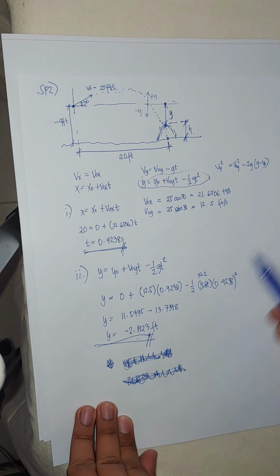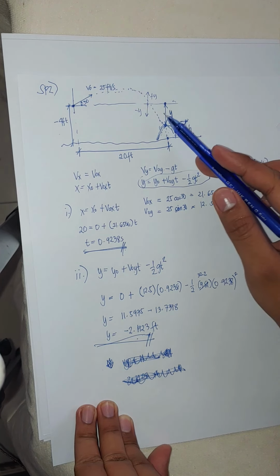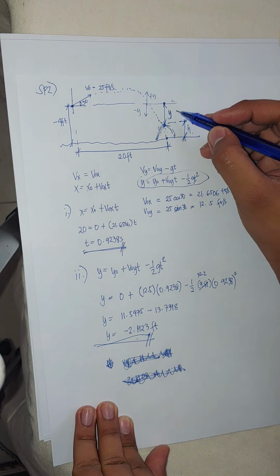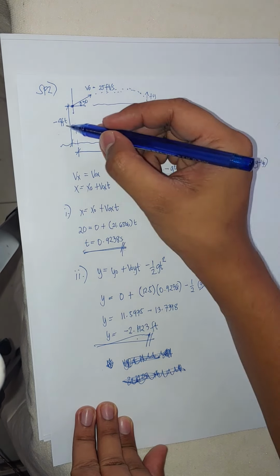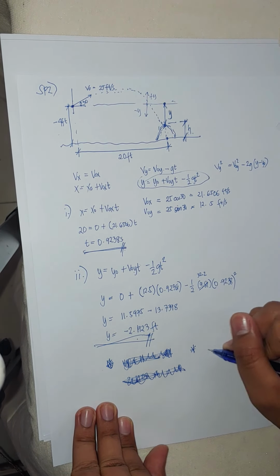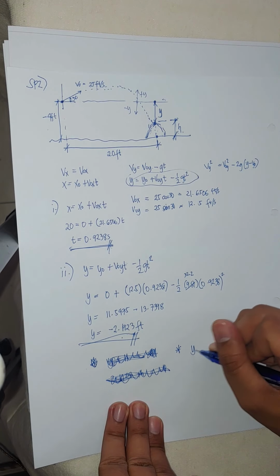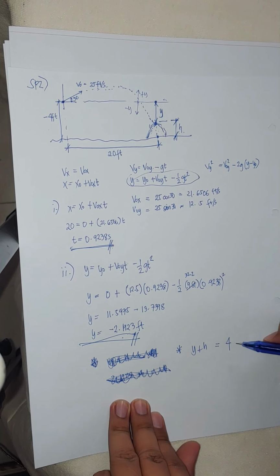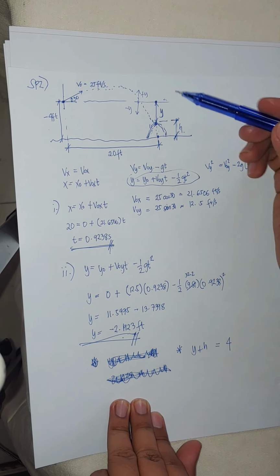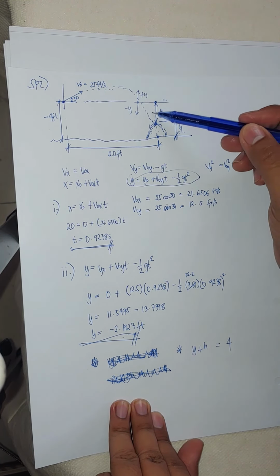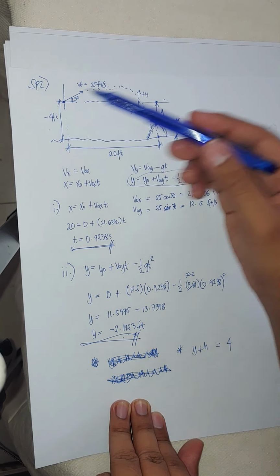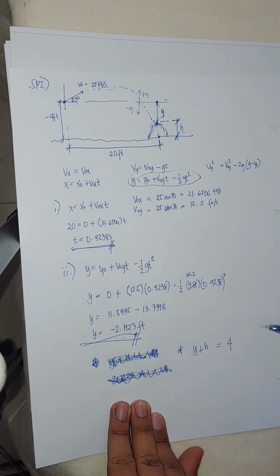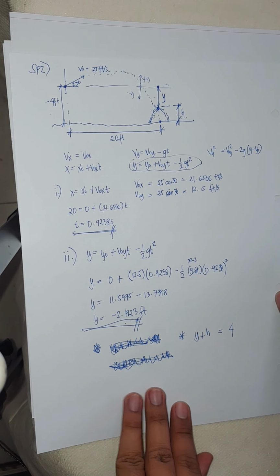So let's solve now for this one. We know that height y plus height h is equal to 4 feet. This is negative, this is negative, and this is negative, but we can just say that all are positive, since distance is never negative.